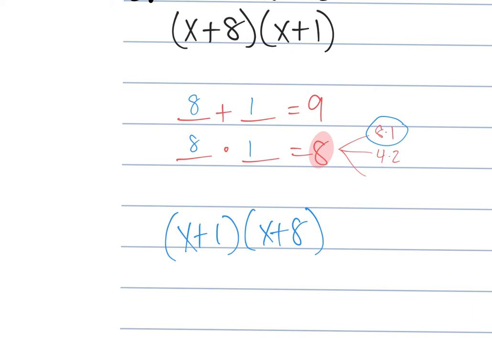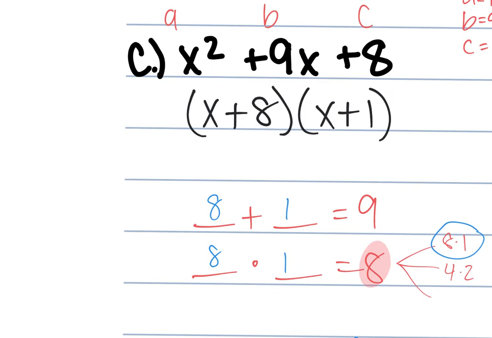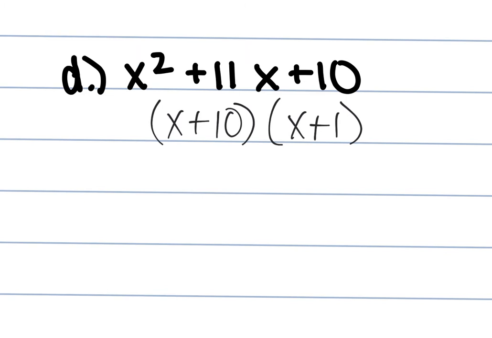If the B term is always one number higher than the C term, is it always going to be the C term times 1? Very good. So, Brandon, notice if the B term has a difference of 1 from your C term, yes, one of your multiples will be 1. The same thing happens in D, right? 11 is one number higher than 10, so we know it's going to be 1 times whatever it is.